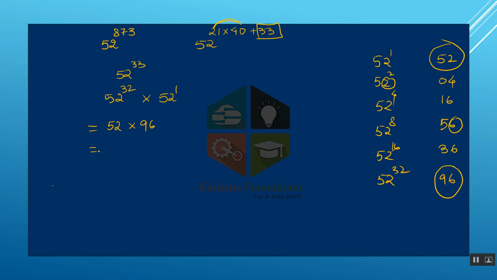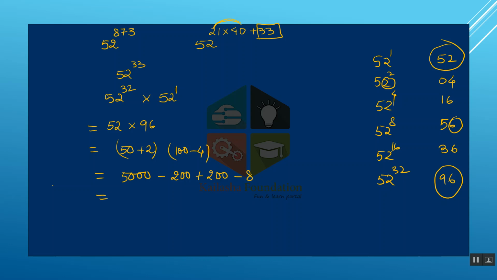The childhood calculation techniques can be applied here. 50 plus 2 times 100 minus 4, that is 5000 minus 200 plus 200 minus 8.